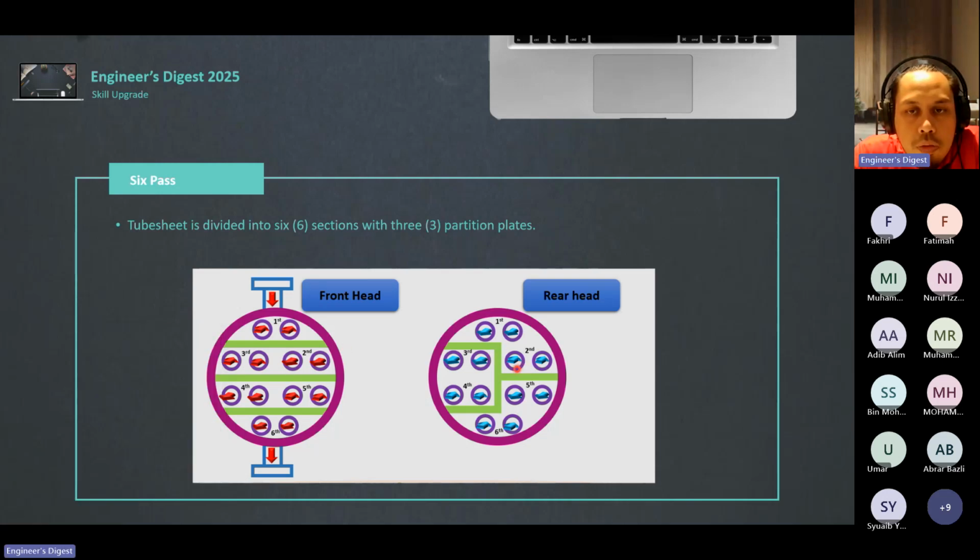Then from the second one, it goes back to the front here. Then goes to the third, exit the third, then third go to the fourth, fourth go to the fifth, fifth go to the sixth, and then it will exit the heat exchanger. So it goes around the tube six times. This is what it means by six pass.